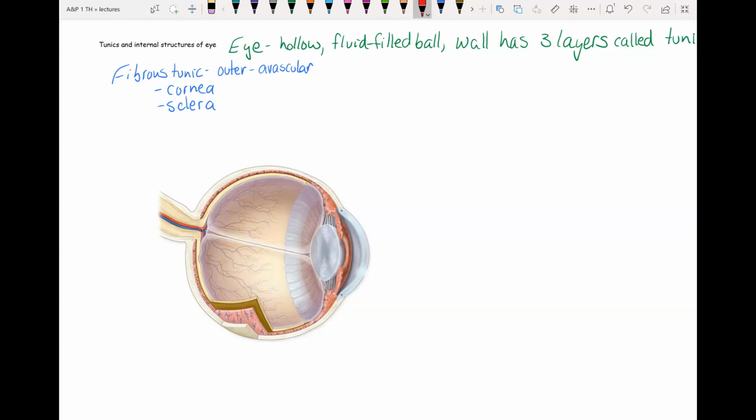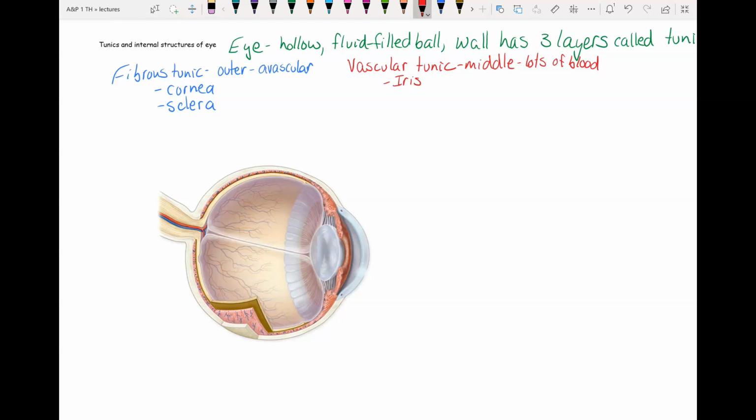In the middle is the vascular tunic. And you can tell by its name, it has lots of blood vessels. The vascular tunic has the iris.